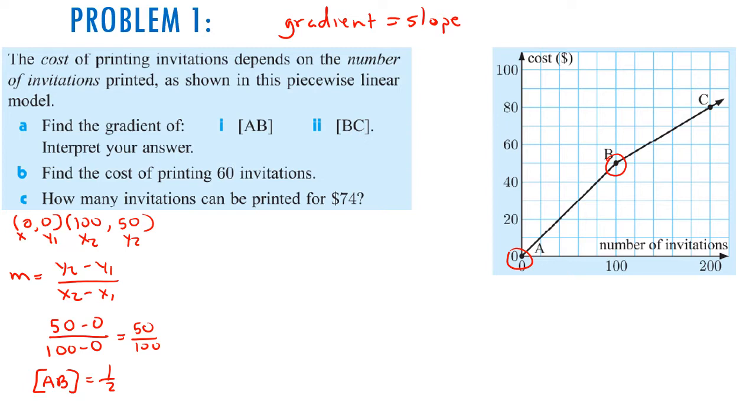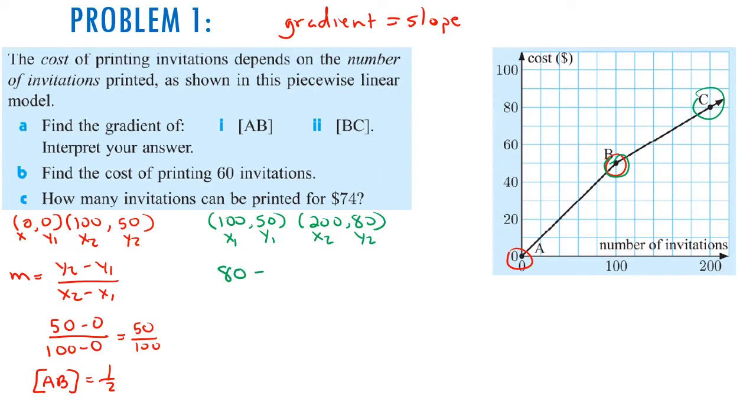And then BC, we'd be using B and C as our coordinates to find its gradient. So 100, 50, and then 200, 80. So our x1, y1, x2, y2.